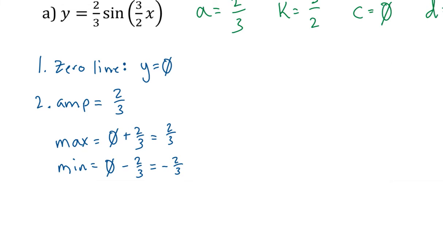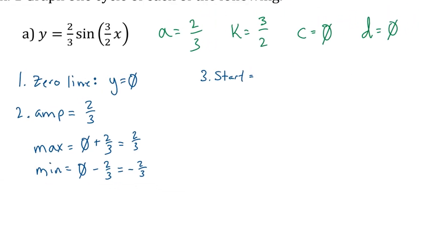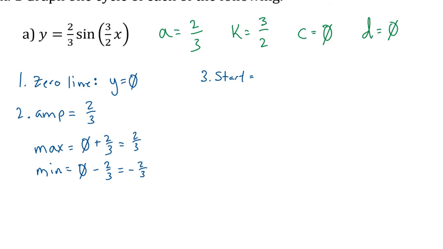Okay. Next, question 3 is the start. The start is equivalent to the phase shift, which is their C value. In this case, again, that makes it easy. It's just 0. I'll come back to those and we'll talk about them in more detail when we have an example that has a non-zero start. Start's pretty straightforward though.